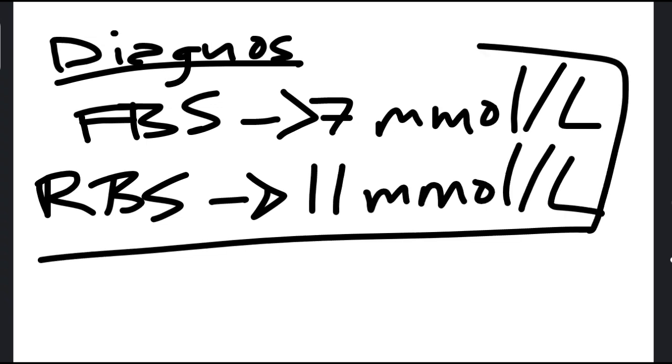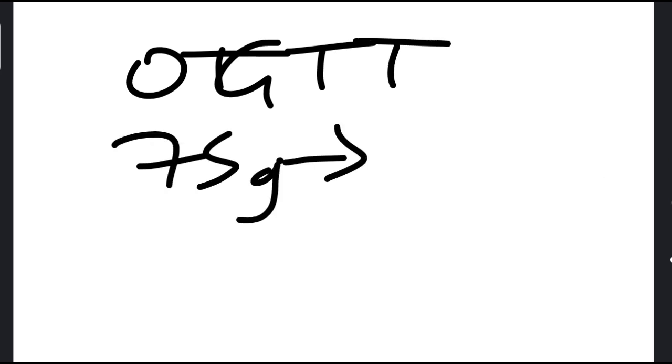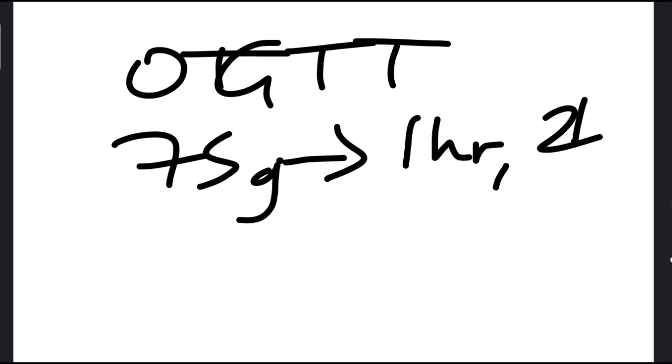You find this, ultimately you're thinking of diabetes. There are other tests, the oral glucose tolerance test, the OGTT, where about 75 grams of glucose is given, and then they measure how much glucose will be in the blood after 1 hour and after 2 hours. Because this will be how you are diagnosing your diabetes.